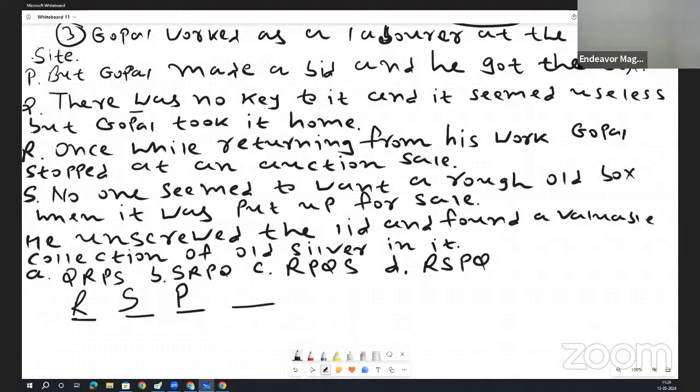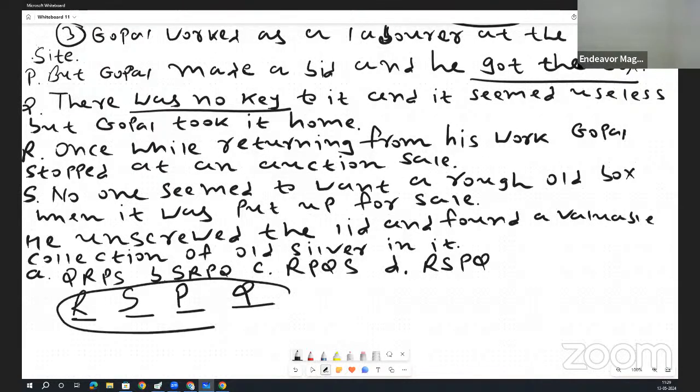No key means, students, there was no key for this box, and it seemed useless, but Gopal took it home. Then the ending statement says he unscrewed the lid and found a valuable collection of old silver in it. So this is the right order of the sentences. If all the statements are put in a correct order, the order will be RSPQ.